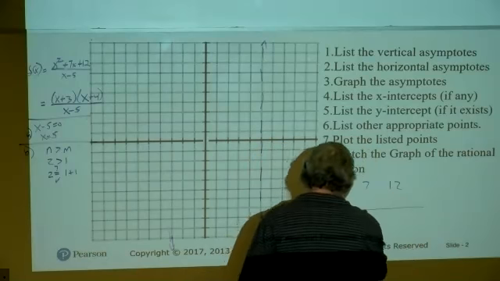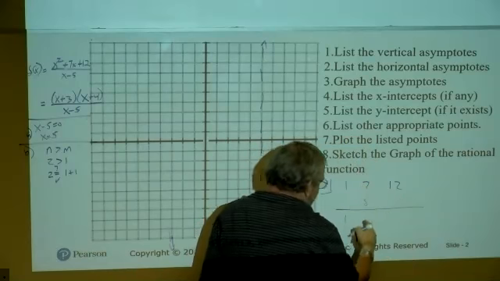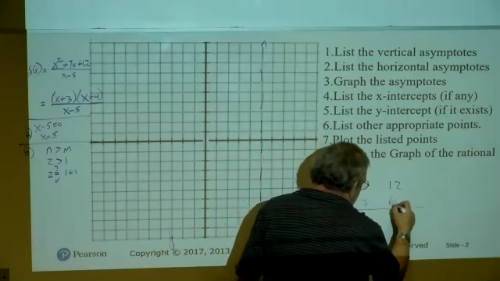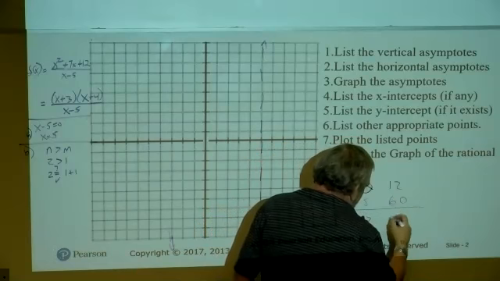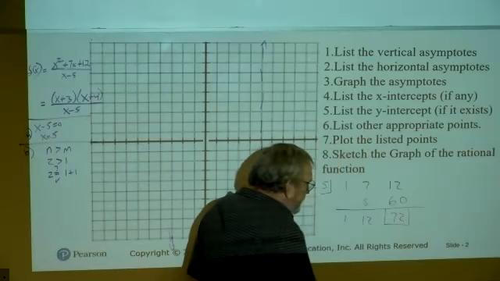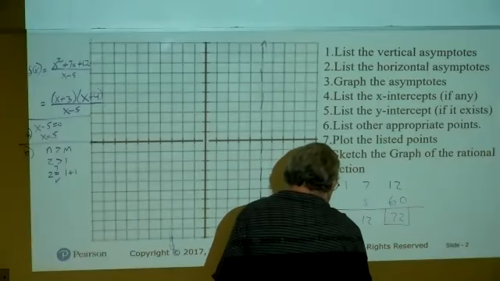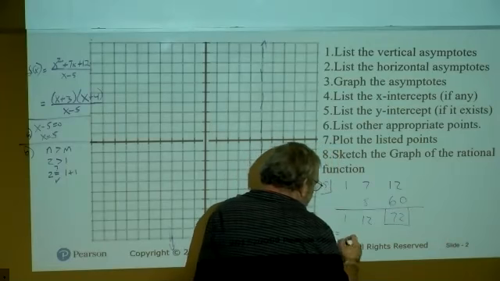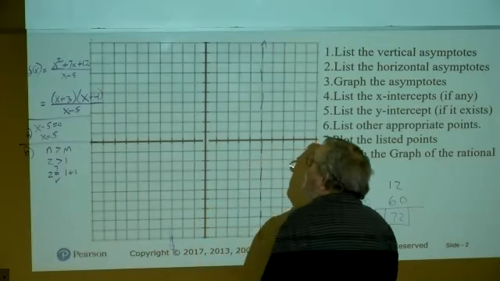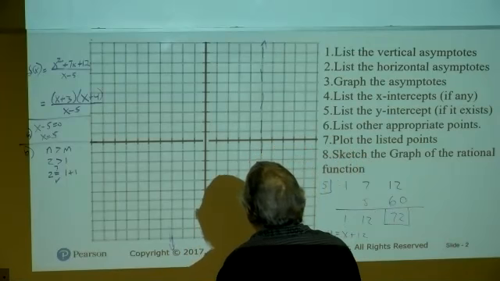I bring down the 1, multiply by 5, gives me 5. 7 plus 5 is 12. 5 times 12 is 60. And 60 plus 12 is 72. That's the remainder. We can ignore the remainder because my oblique asymptote is x plus 12, which goes off the graph here.